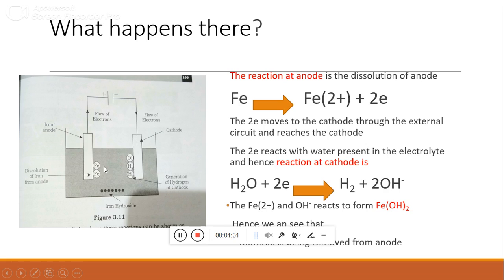Okay, now what happens next? We know that in the electrolyte we have the Fe2+ ions, and also we have these OH- ions. Now what happens?